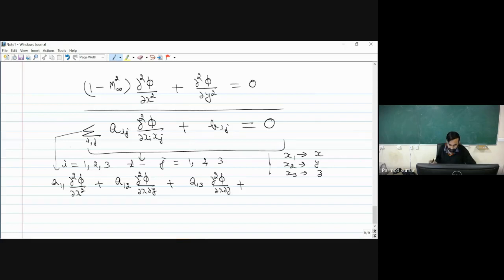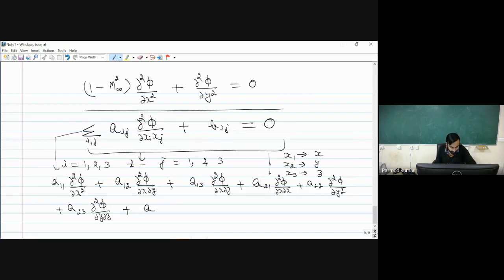That becomes a21 into del square phi by del y del x plus a22 into del square phi by del y square plus a23 into del square phi by del y del z plus, now I will be shifting i to 3.